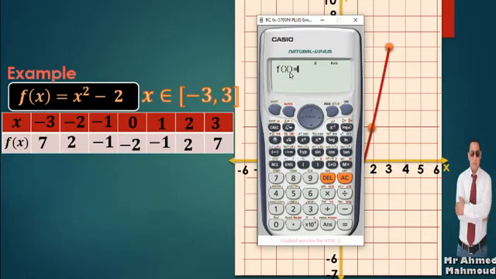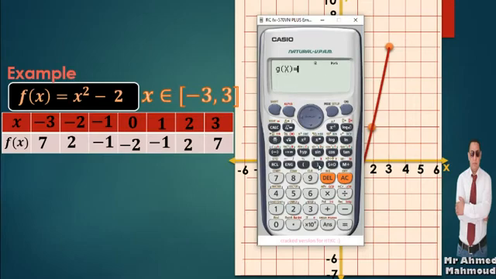It appears f of x like this, and I will write this function here in the calculator. How come? X here in the bracket, I will press alpha x and then write power 2, then minus 2. Okay, then I will press equal.